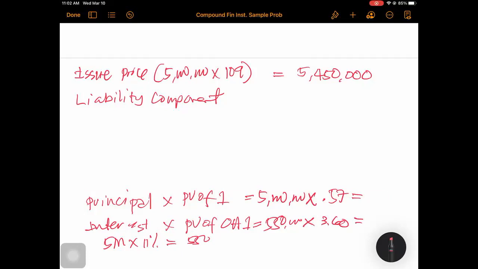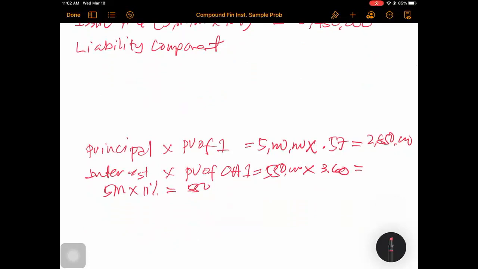So, pila na itong present value? That's 5 million times 0.57, that's 2,850,000. Then 550,000 times 3.60, that's 1,980,000. Therefore, pilay present value na to?